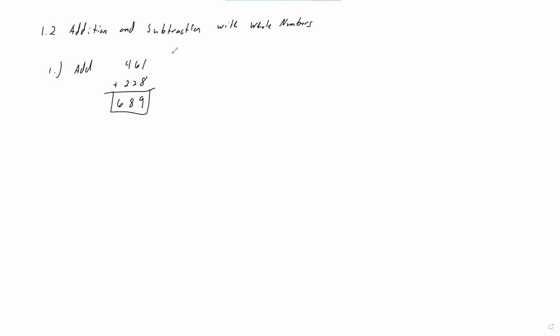Let's try another one. We're going to add 463 plus 38. The way this works is I go 3 plus 8 gives me 11. Now, I'm not going to write 11 here.